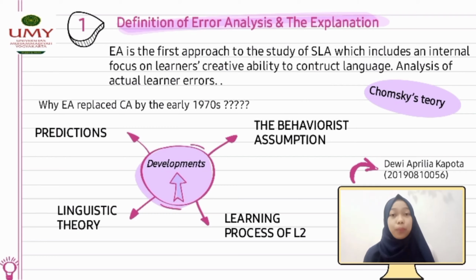So, if you remember the second and the third point, the shift of focus from surface level forms and patterns by structural linguistics, and also the explanation of language acquisition from behaviorism to mentalism, are attributable to the linguistics revolution, which resulted from Noam Chomsky's conclusion.